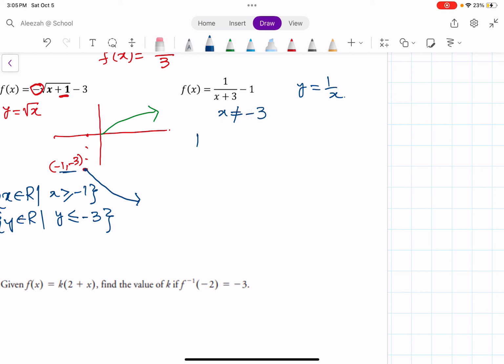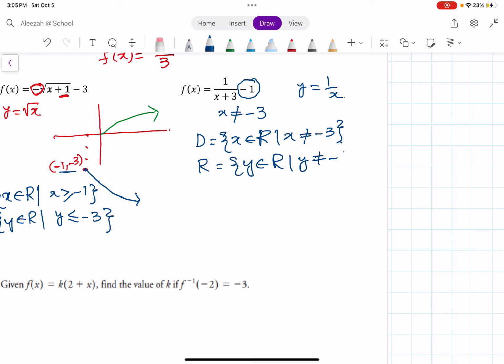So the domain will be x belongs to R such that x is not equal to -3. And the range is y belongs to R such that y is not equal to -1.